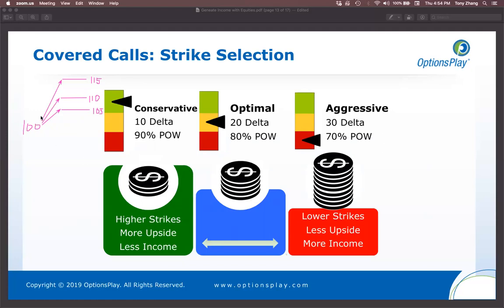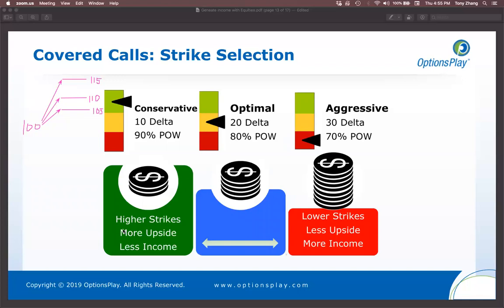So the higher strikes provide me with more upside, meaning the stock can rally significantly further and I will have more profits, but in exchange for that, I'm going to get less income. If I choose a very aggressive strike, those are much lower strikes. This gives my stock a lot less room to grow before I take profit. But in exchange for that, I'm going to get more income.